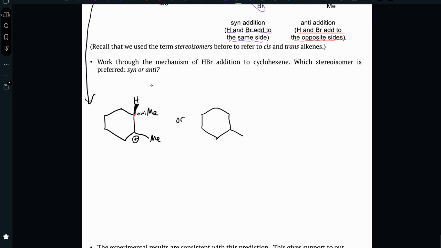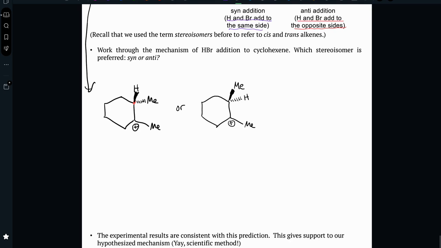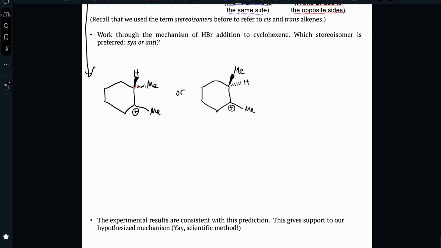I could just as easily have chosen the reverse, making the hydrogen go into the page and the methyl group come out of the page. Either one of those is equally likely. The question is now, when I add the bromine, is it more likely to add to the same side, more likely to add to the opposite side, or does it not matter?